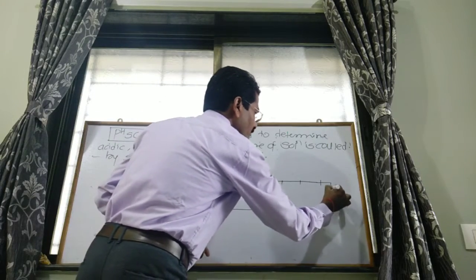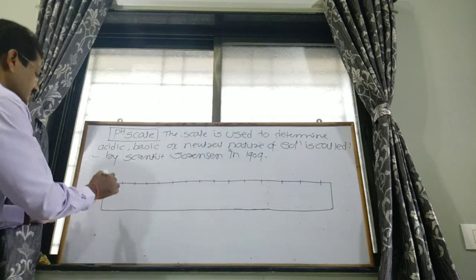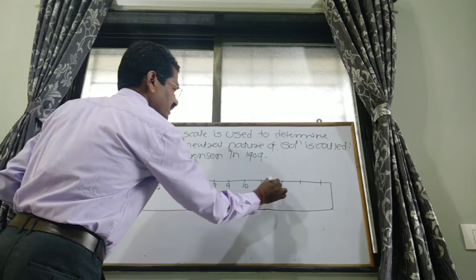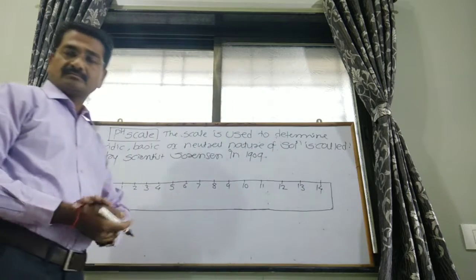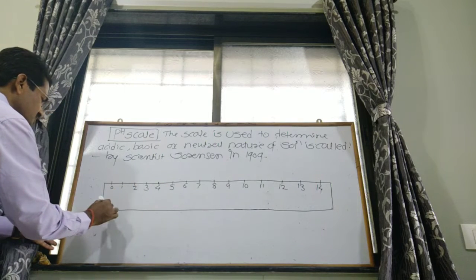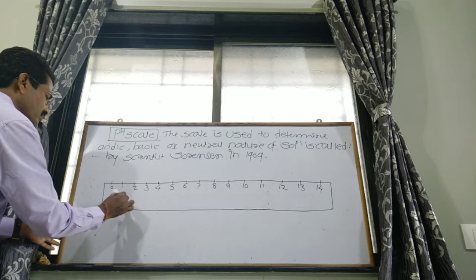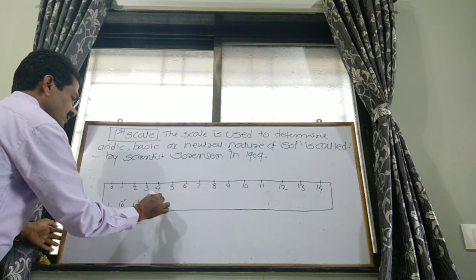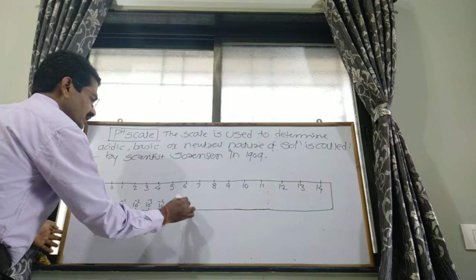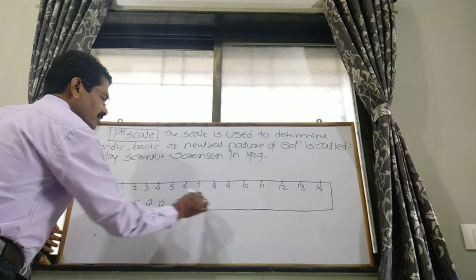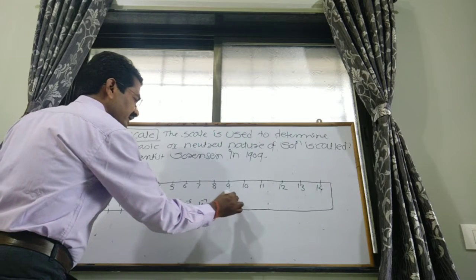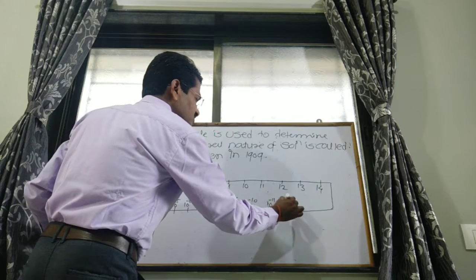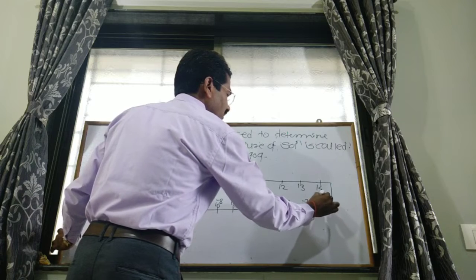Also the values are given as follows: 1, then 10 raised to the power minus 1, 10 raised to the power minus 2, minus 3, minus 4, minus 5, minus 6, minus 7, minus 8, minus 9, minus 10, minus 11, minus 12, minus 13 and 10 to the power minus 14.